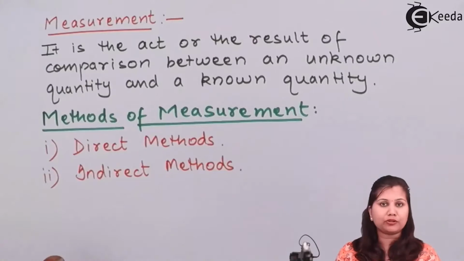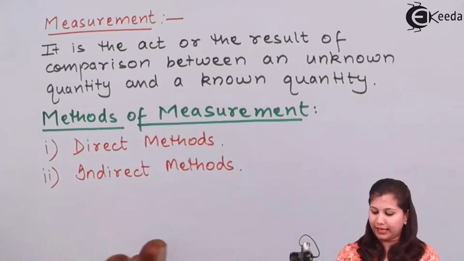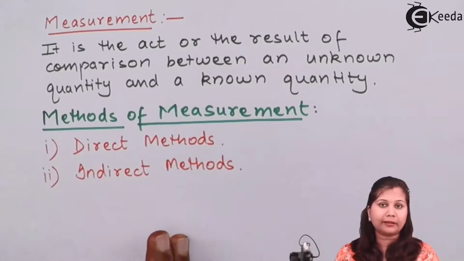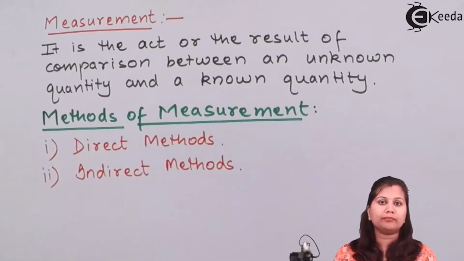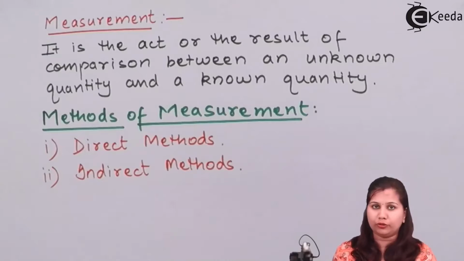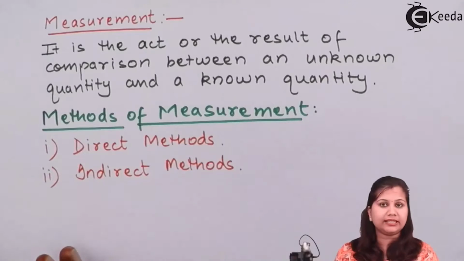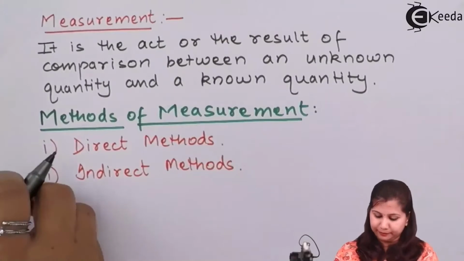In indirect methods, we are not directly measuring the unknown quantity. We measure some other quantity, and with the help of some formulas we obtain the unknown quantity. So let's study these methods in detail.